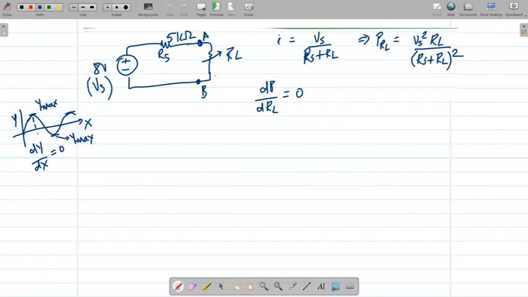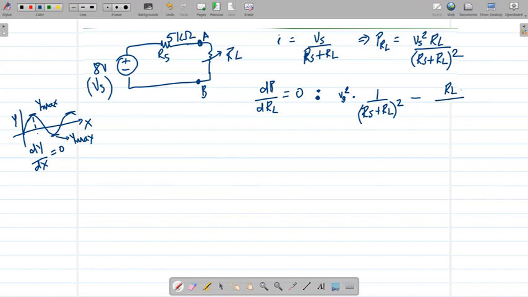So if I take dP over dRL, then what I can get is the function dP by dRL is Vs square, which is a constant because it is a fixed voltage source. So Vs square is out. And if I want to take the derivative now, it's Vs square into, I'm taking the derivative of the inner part. So in the first case, RL is in the numerator. So I can just say it's 1 over Rs plus RL square. The second case, it's in the denominator.